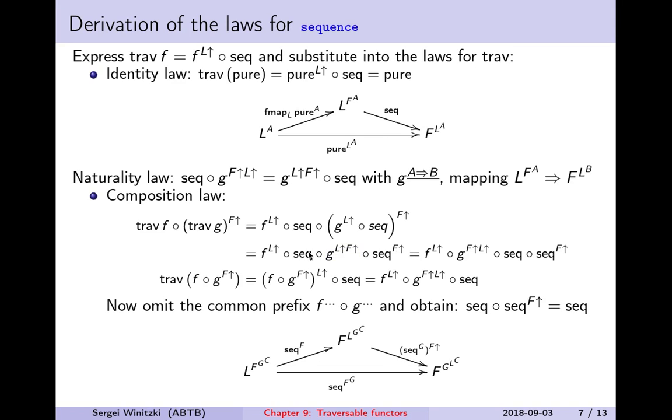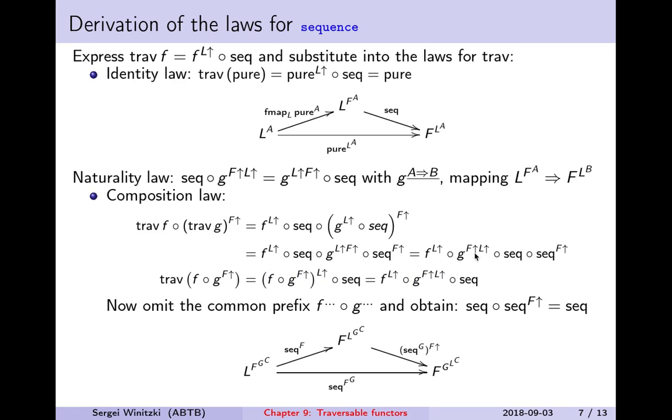Now, the naturality law means we can interchange this, and we get that. And finally, the right-hand side is written like that, so again, we can do that because of the functor law.